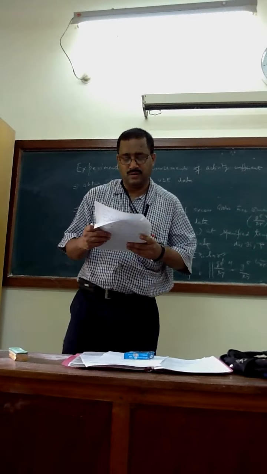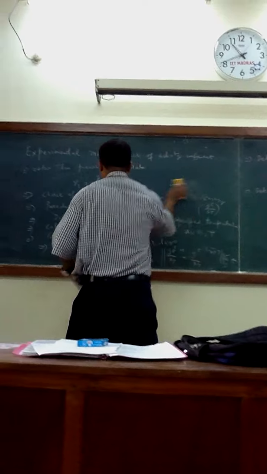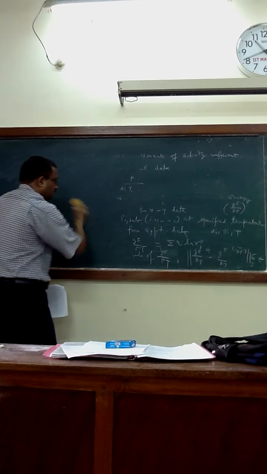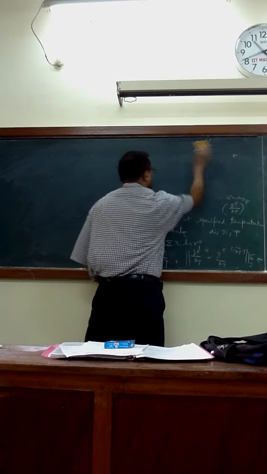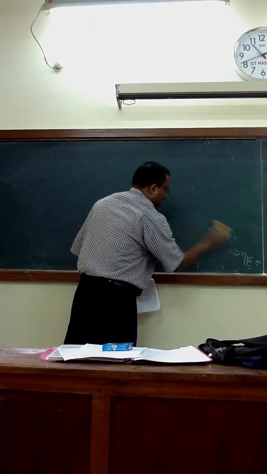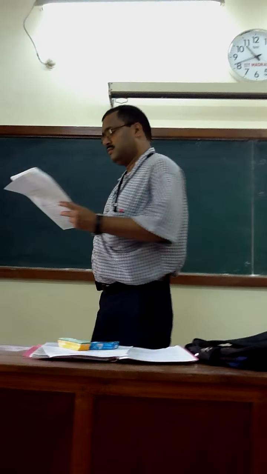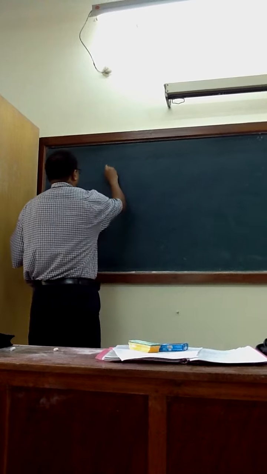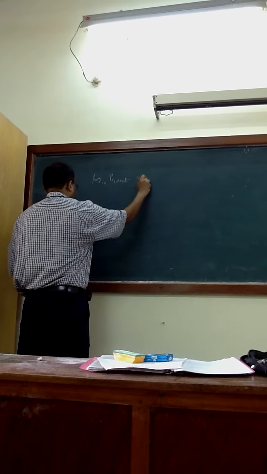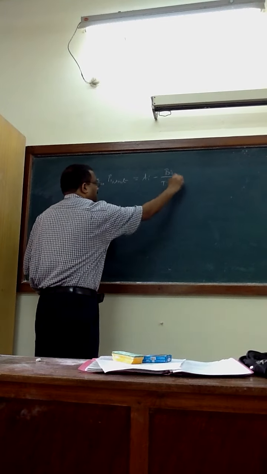So we have the Antoine equation: log10 Pi sat equals Ai minus Bi by T plus Ci.